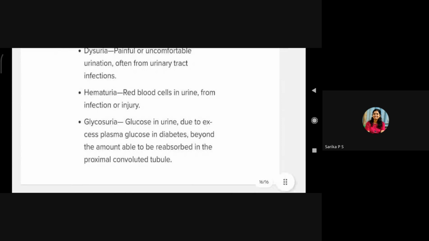Next is glycosuria. Glucose in urine due to excess plasma glucose in diabetes. It is very common in diabetic patients. Glucose is coming with urine. If you have seen some diabetic patients passing urine, and in that place small ants are gathering, it means ants are prone to sweets.